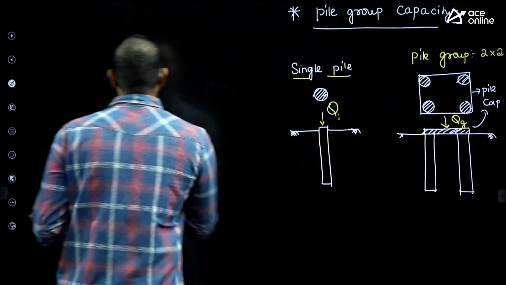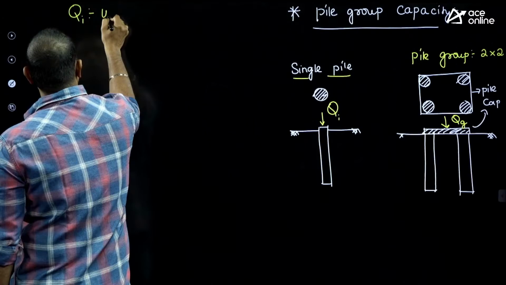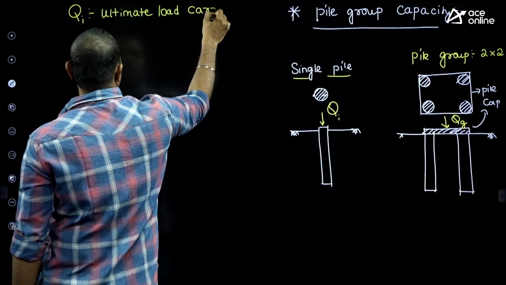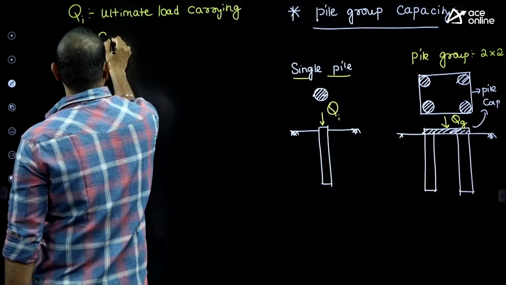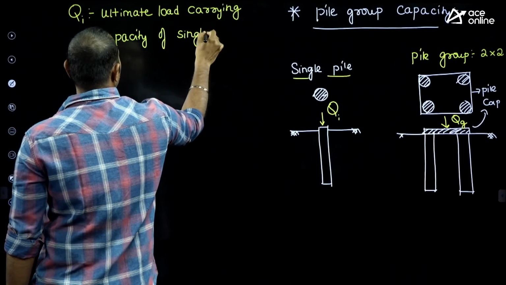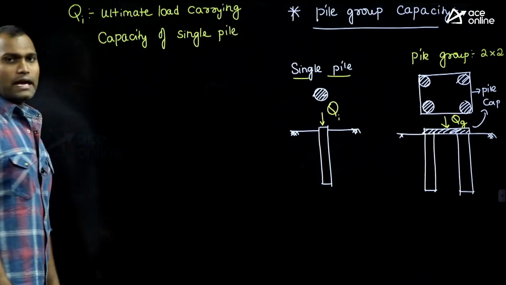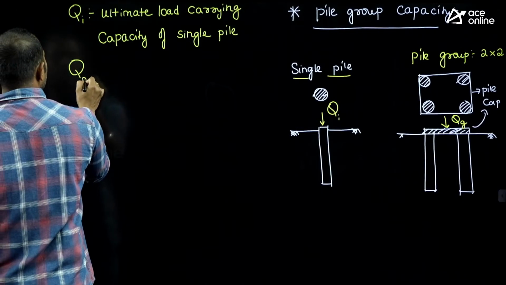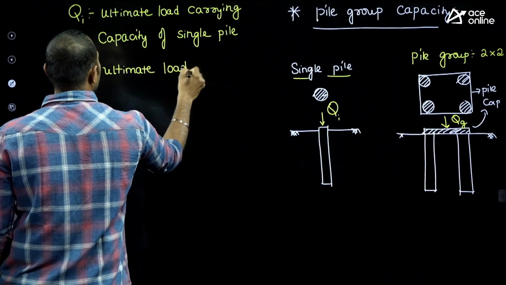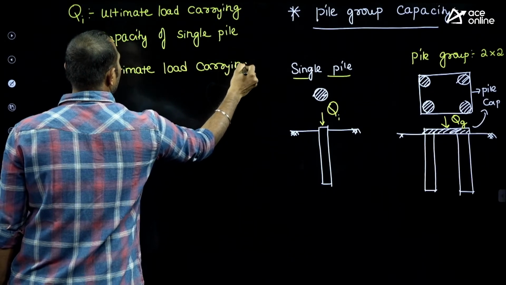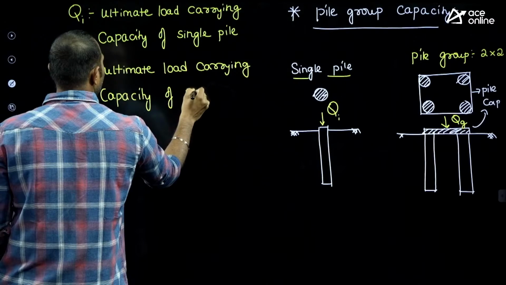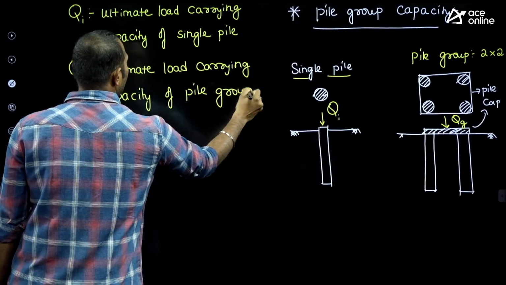Then if I write down, Qi is the ultimate load carrying capacity of the single pile, and Qg is nothing but the ultimate load carrying capacity of the pile group.